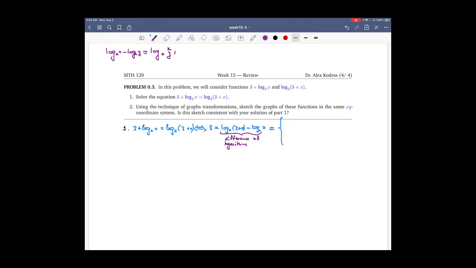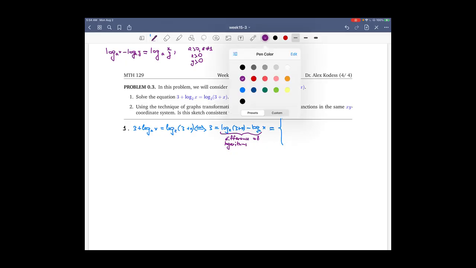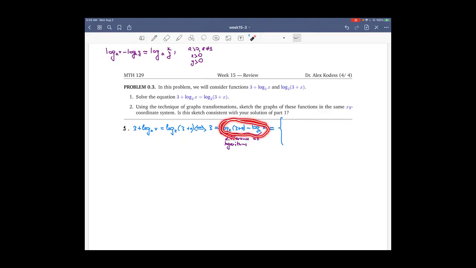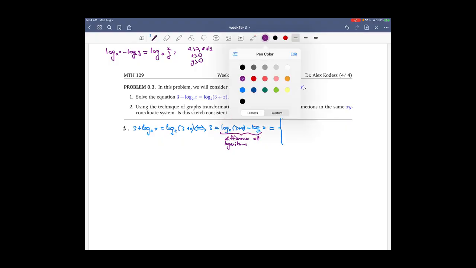But remember that here we require, of course, that the base a be positive and different from 1, and also that both logs on the left must exist. In other words, x must be positive and y must be positive. So we require that in this difference, both 3 plus x be positive, x be positive. And now we can apply the rule about the difference of logarithms.